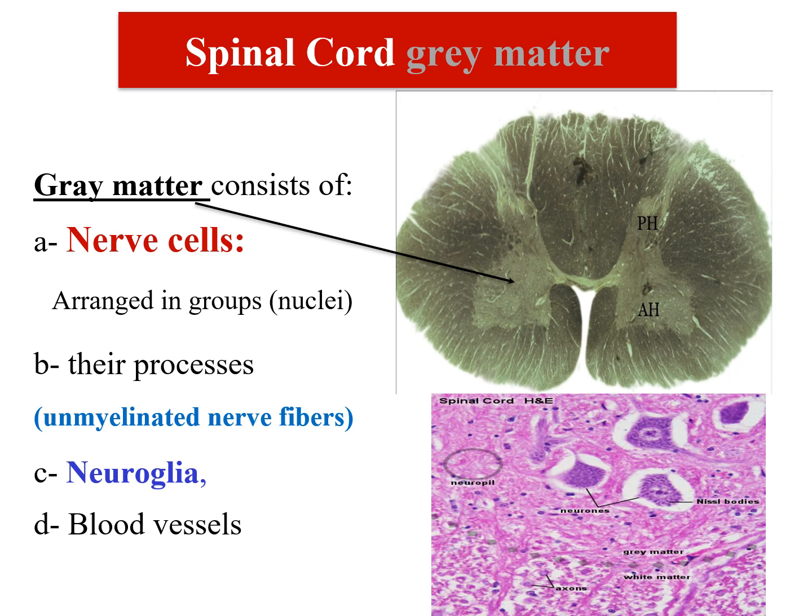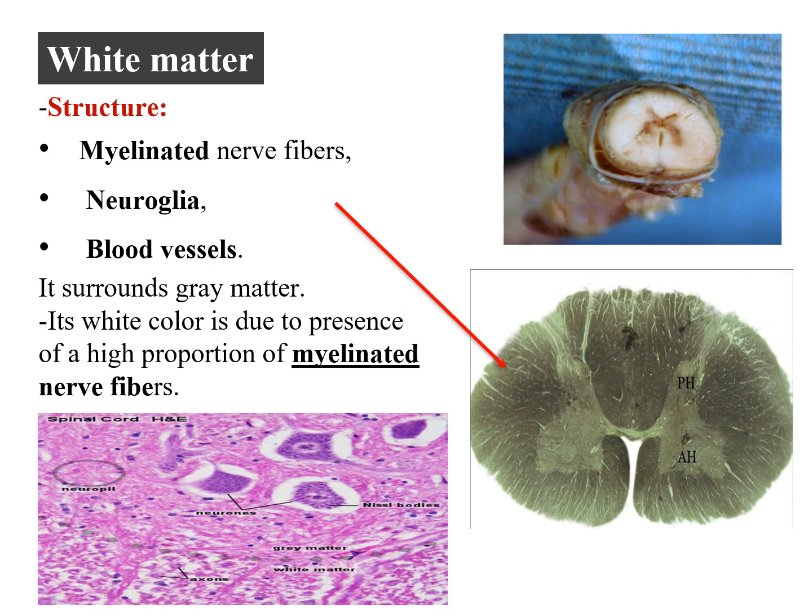And the white matter is the peripheral area, present at the periphery of the photo or the diagram, and labeled by axons. What about white matter? The gray matter contains the neurons themselves with nuclei.